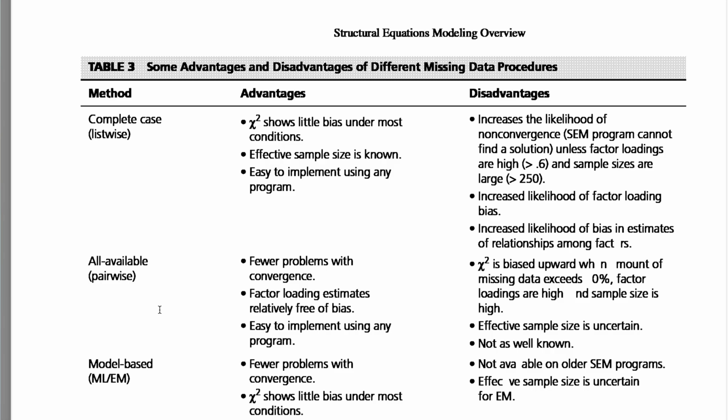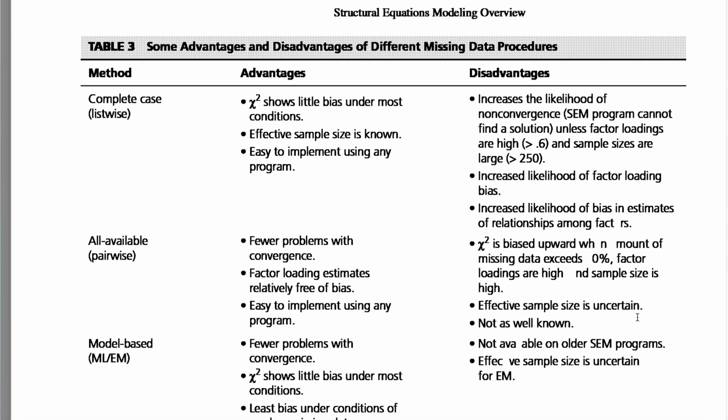All available pairwise: fewer problems with convergence, factor loading estimates relatively free of bias, easy to implement using any program. Chi square is biased upward when the amount of missing data exceeds 10%, factor loadings are high, or sample size is high. Effective sample size is uncertain, not as well known.